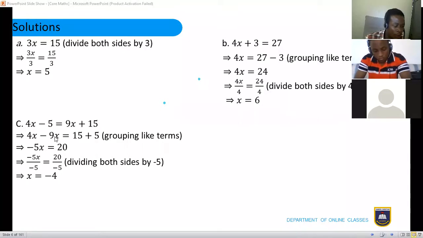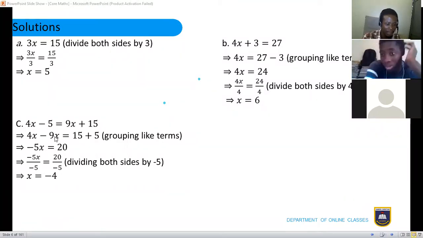It's also binomial because the two terms are joined with plus or minus sign. Wherever plus or minus is in between two things, we have what we call binomial. But if the terms are multiplying, for instance 4x or 4x over 2, still we have a monomial, one term.